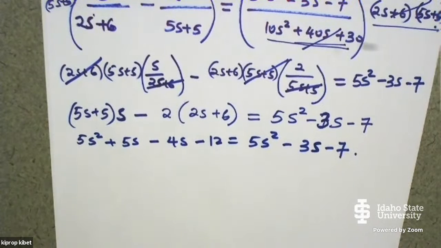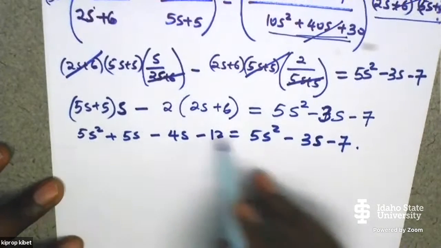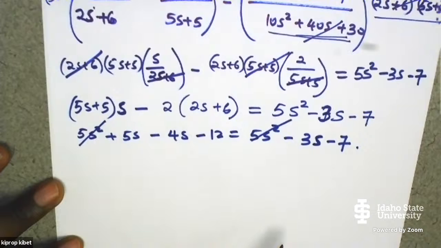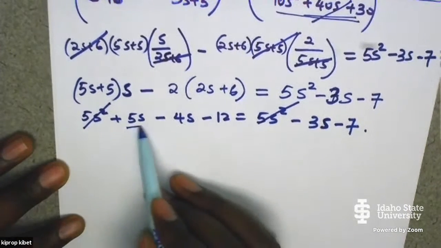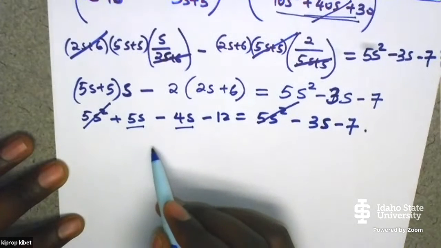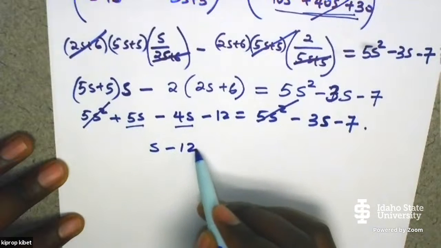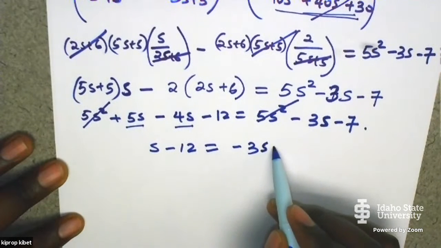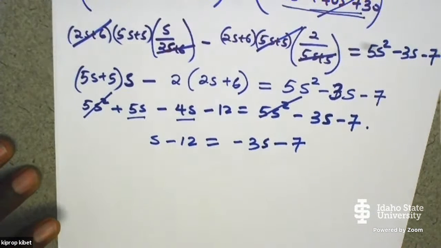So you now collect the like terms. Looking at 5s square and 5s square here, they subtract, they cancel. So 5s and 4s is s. You get minus 12 here, equals minus 3s minus 7.